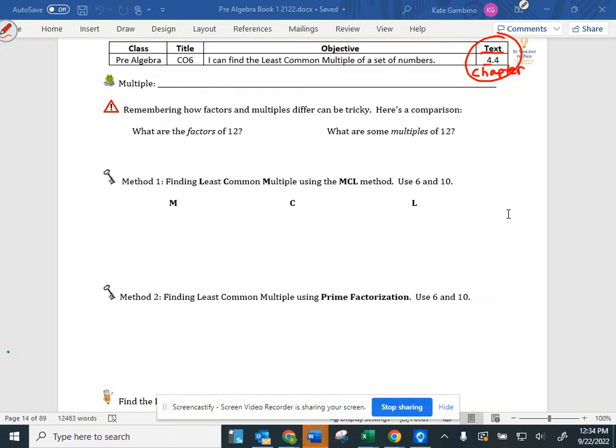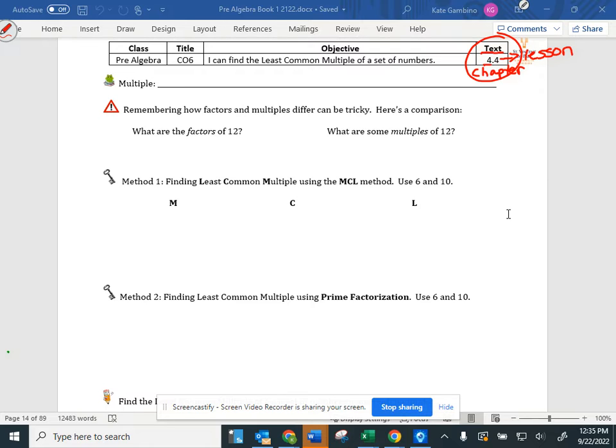The second number after the decimal, 0.4, that means it's lesson 4. So if you go to chapter 4, lesson 4, it's going to be about the least common multiple. So it might be explained the same way that I'm explaining it, might be explained a little bit different.